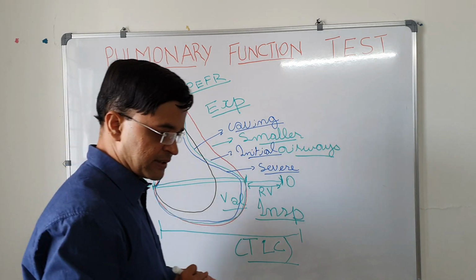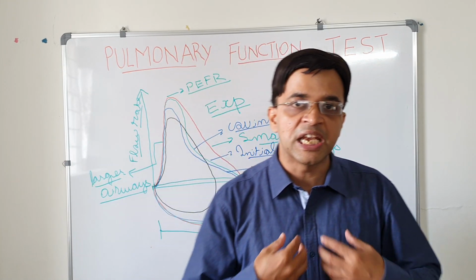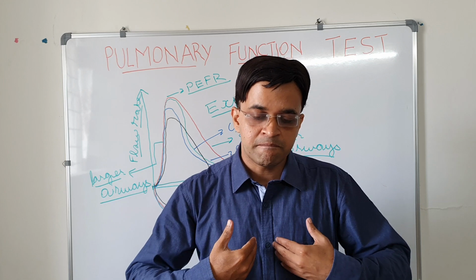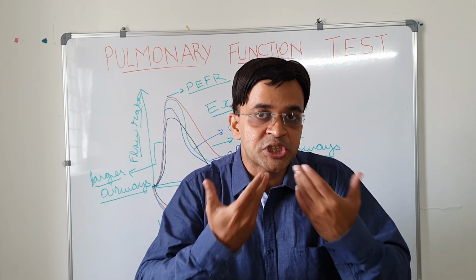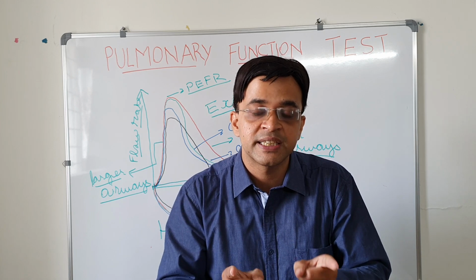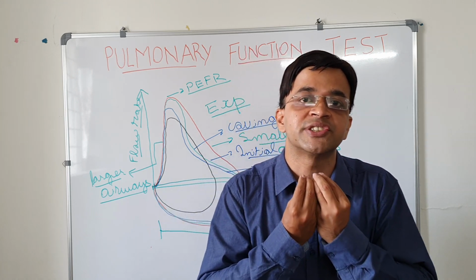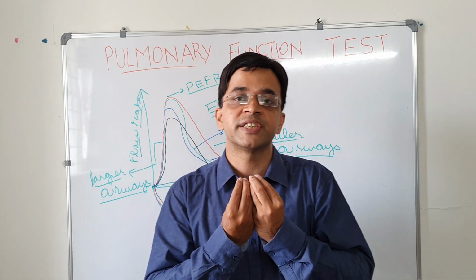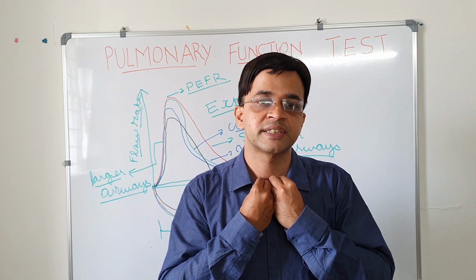Now one more thing. As we already know that if there is a problem in lungs, the expiration will be compromised. Inside the lungs, expiration will be compromised. But if there is problem outside the lungs, in extrathoracic airway disease, the inspiration is compromised.